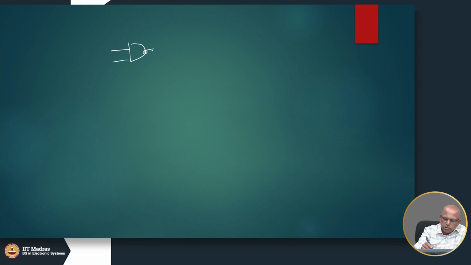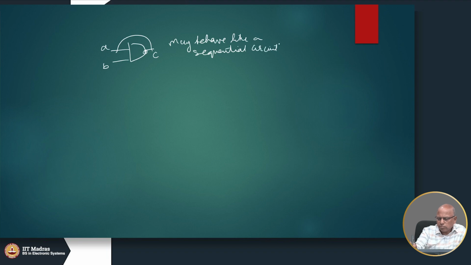Suppose these two get bridged, A, B, and C. Then we don't know how this circuit will behave. This may oscillate also. The output is bridged to input. So it may behave like a sequential circuit. It may oscillate.